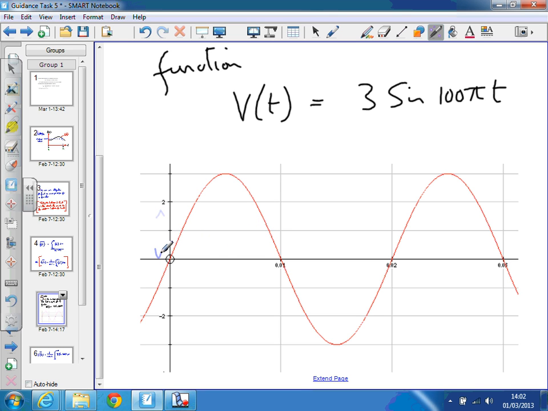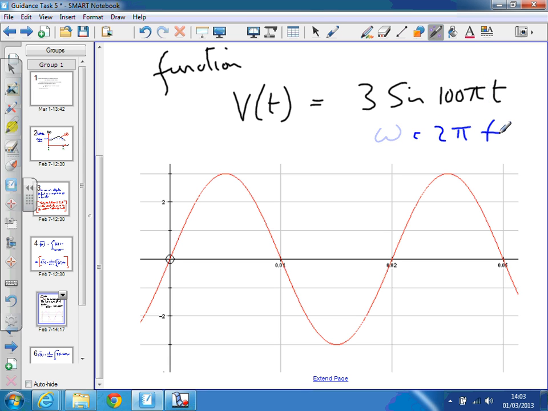Okay, as a little side issue, you might want to consider, what's this time here, 0.02? We talked about this before, but can you verify that that's 0.02 by looking at this? Remember what the 100 pi represents? Omega, the angular velocity, and omega equals 2 pi f.